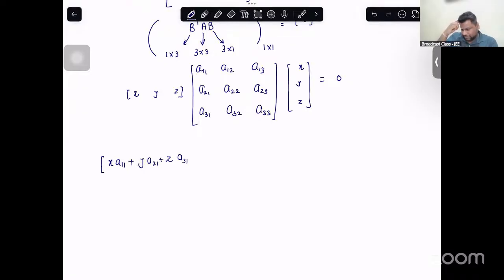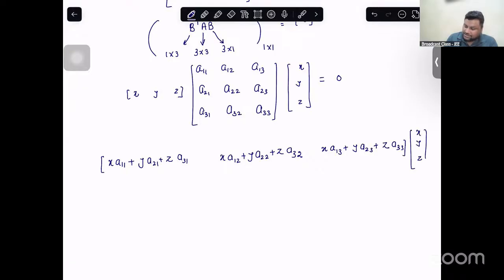Then first row, second column: X times A12, Y times A22, Z times A32. First row, third column: X times A13, Y times A23, Z times A33. Then you multiply it again by X, Y, Z, and it is going to be a null matrix. Correct? Am I correct?